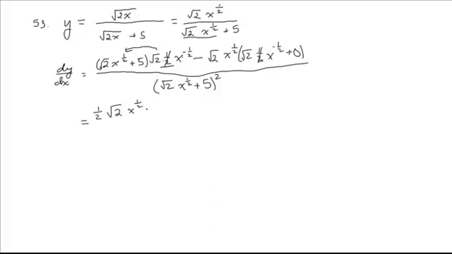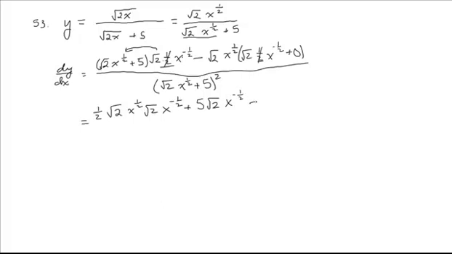Then we distribute, which is going to multiply it by a square root of 2x to the minus 1/2. And then we'll also have that multiplied by the 5. So 5 times square root of 2 x to the minus 1/2.